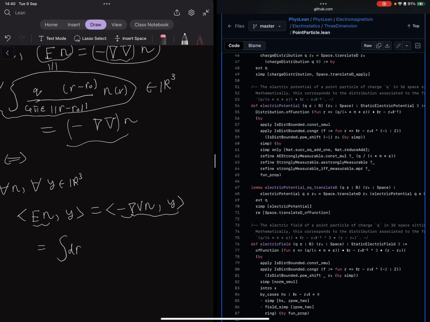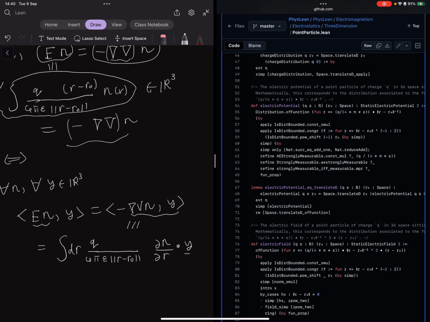So this is equal to the integral of Q over 4 pi epsilon times R minus R naught, times the total derivative of eta dot producted with y. And the minus sign here basically disappears because you do an integration by parts. So that's what that side is equal to.